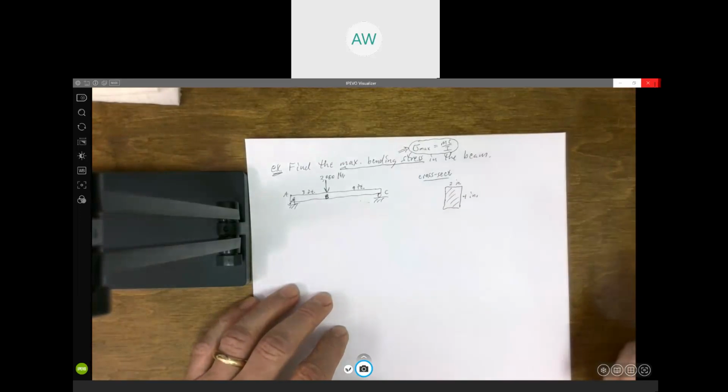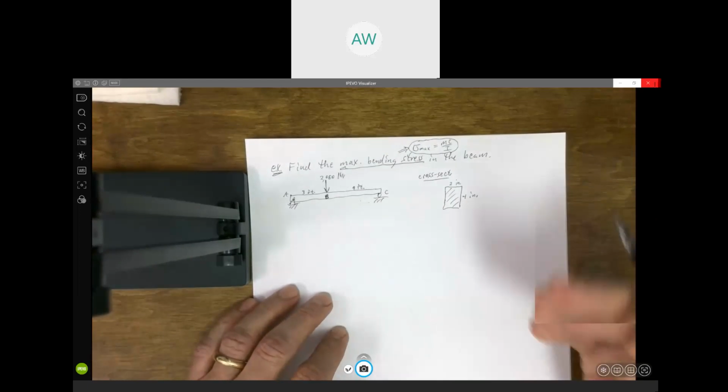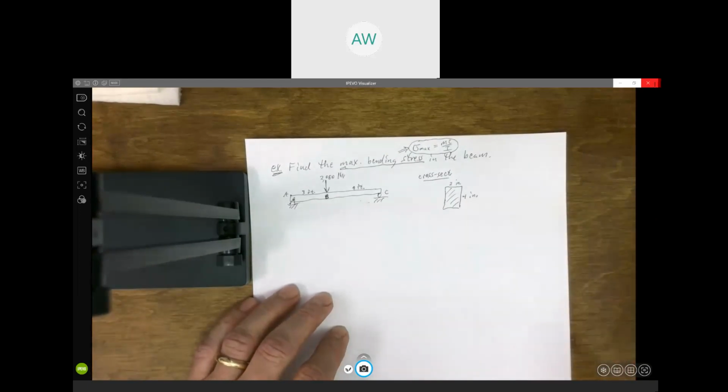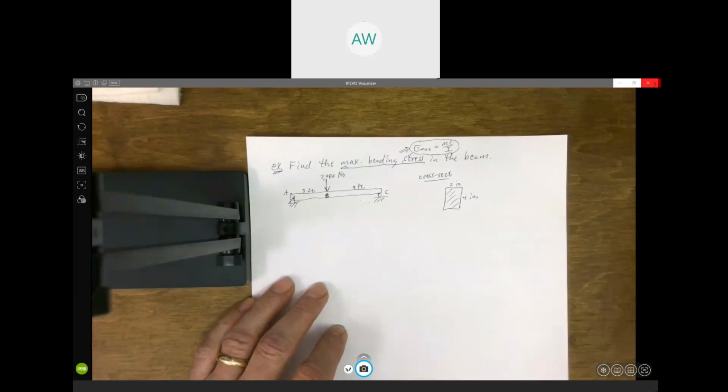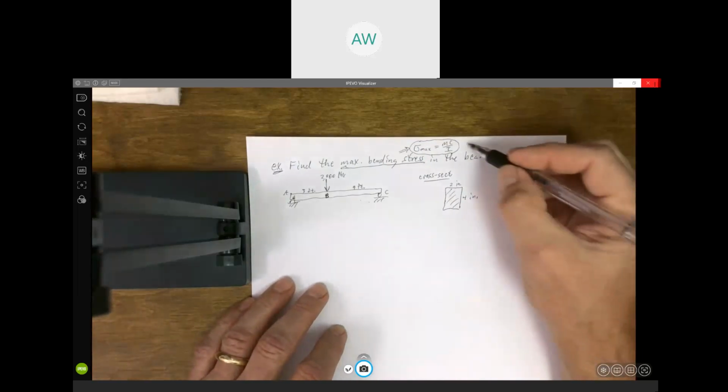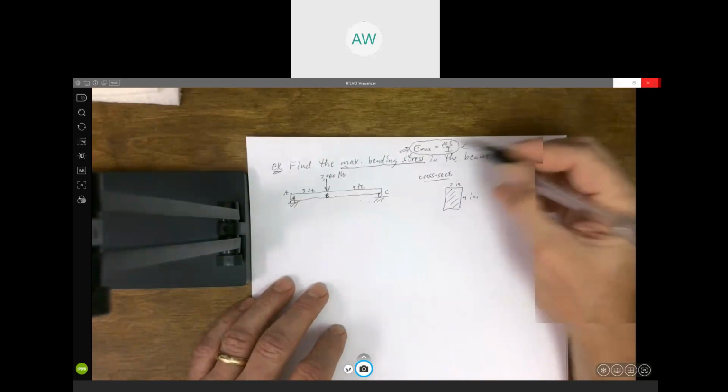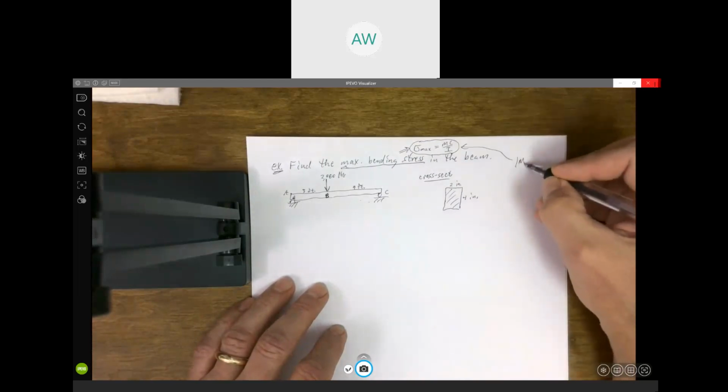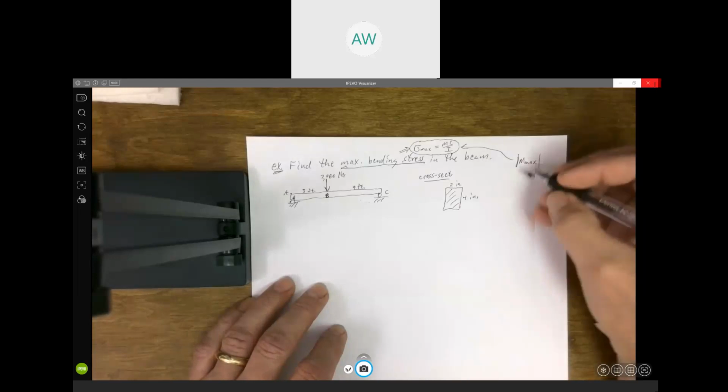Because what it's asking for is just what is the largest magnitude of bending stress. It's not asking for what's the largest compressive stress or what's the largest tensile stress. It just wants to know what's the maximum magnitude of stress. And here, if you're going to do this, that M is just wanting to know what's the magnitude of the largest moment.